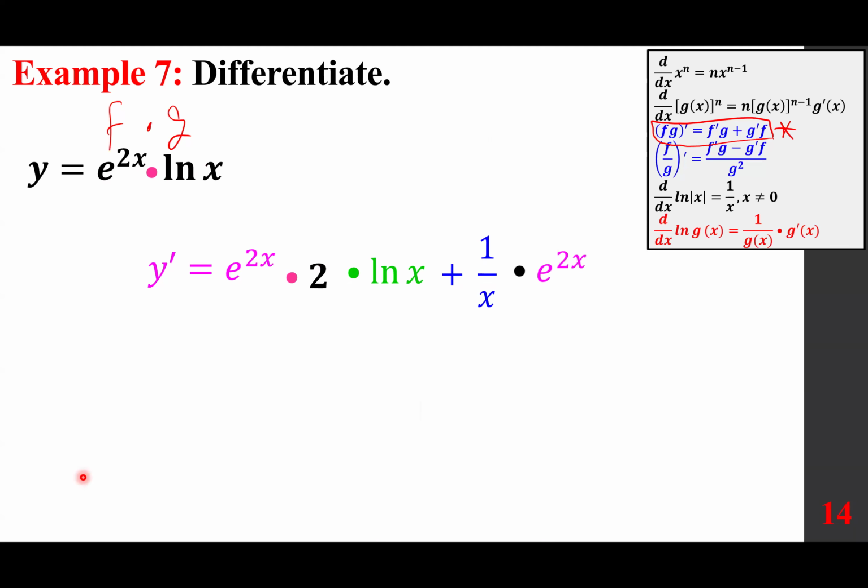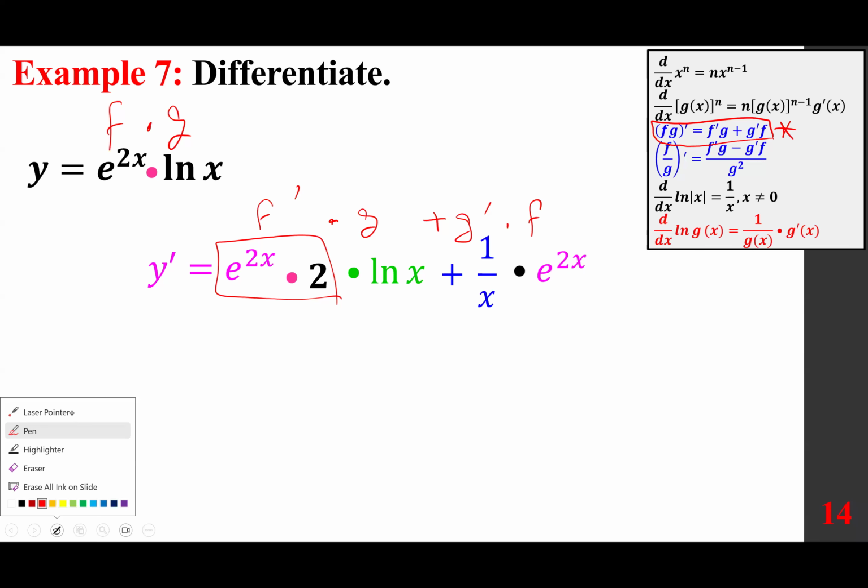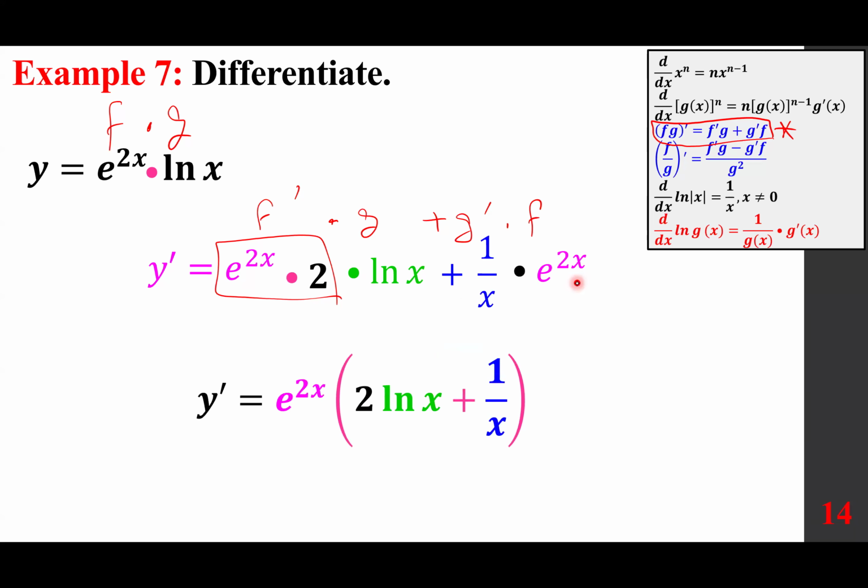Let's just write it: f prime g plus g prime f. And you can clearly see that e to the power of 2x is in common. If we take it out, this gives us 2 ln x, and this gives us 1 over x. And that is the final answer, everybody.